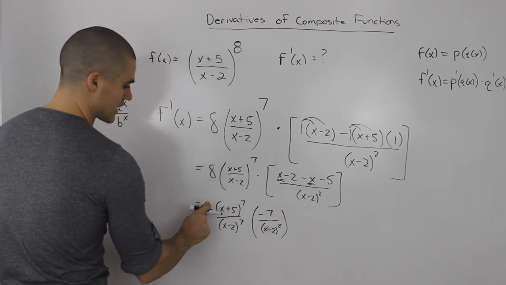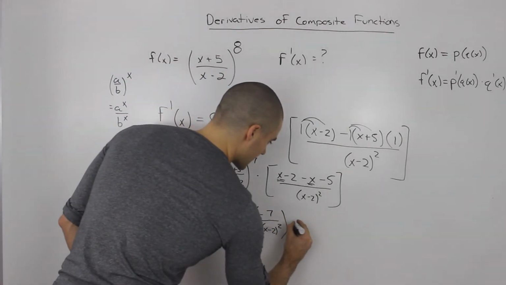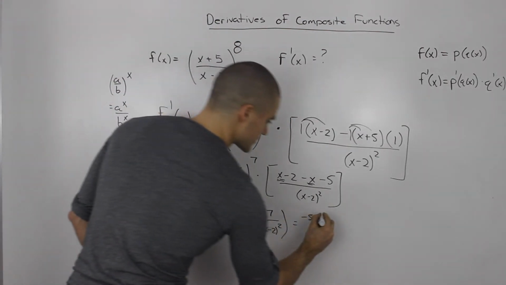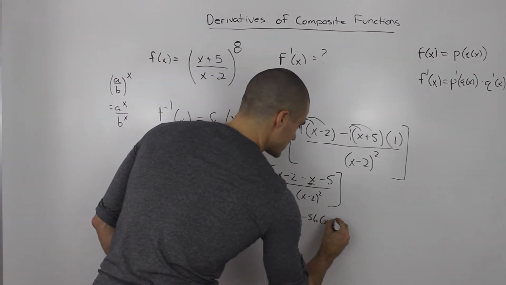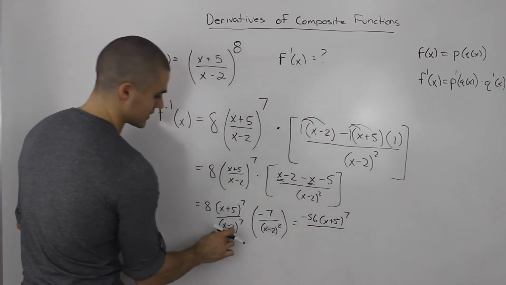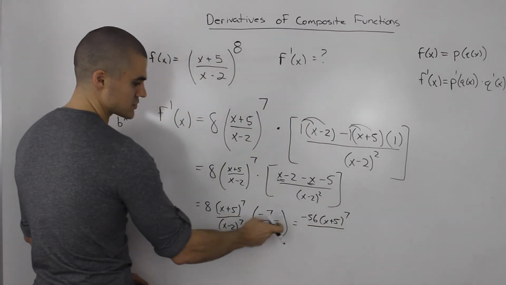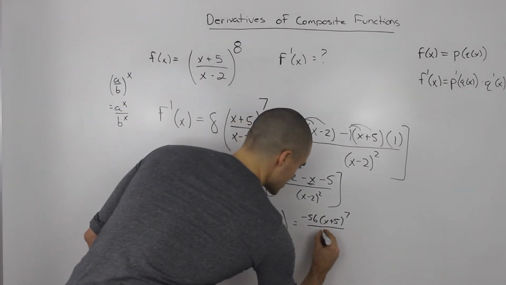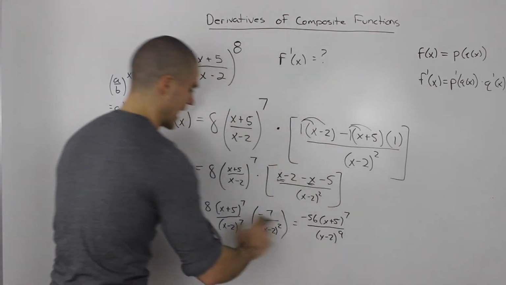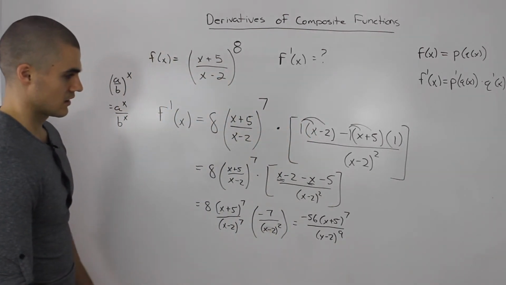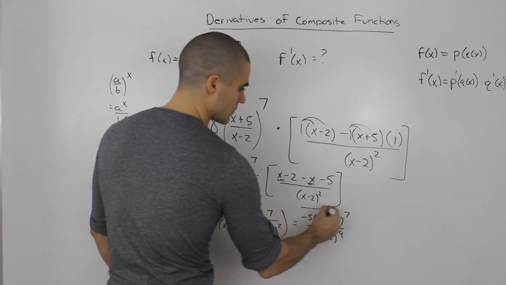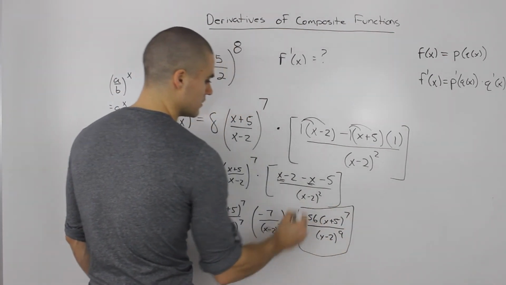So negative 7 times 8 is negative 56, this (x + 5) to the power of 7 we just leave like this, over (x - 2) to the power of 7 times (x - 2) to the power of 2. That just ends up being (x - 2) to the power of 9, right? You just add the exponents there. And that is as simplified as we can get. So that here is our final answer.